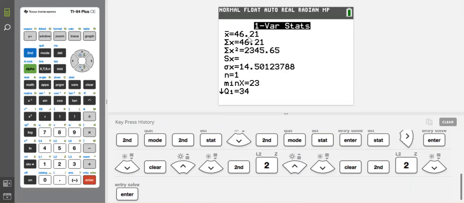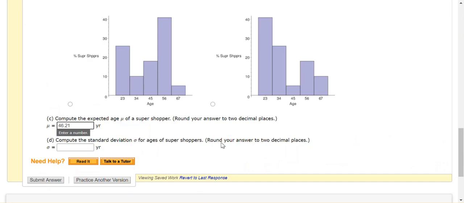That's the mean, 46.21, but that really should be a mu, not X bar. But Texas Instruments decided just to call everything X bar. And then the other thing you'll notice is this capital S is left blank because that's for the sample, right? And that doesn't apply here. We want the sigma standard deviation for this discrete probability distribution. So that's 14.5. It says to 2 decimal places, so 14.5.